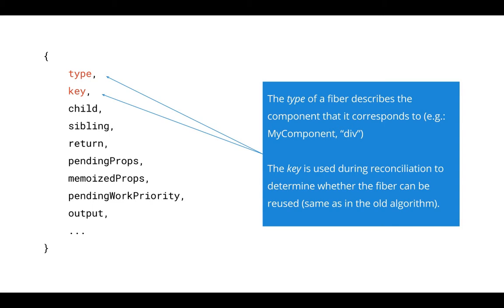So I definitely recommend you using keys, even if it's not React Fibre. But in Fibre, keys have the same idea behind the scenes. They're used to keep track of already created elements. They're very good for performance.